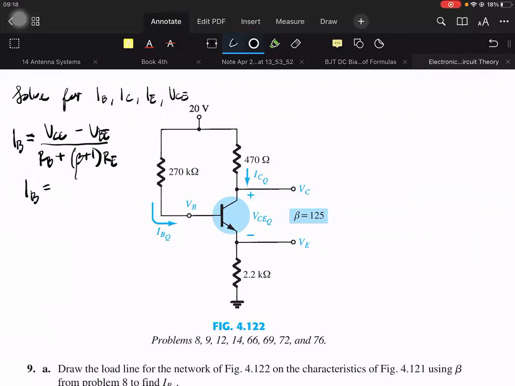Fill in the given. So 20 minus 0.7 all over 270K plus beta is 125, so 126 times RE of 2.2K. So we fill in all the given. We'd obtain an IB of 35.27 microamperes.